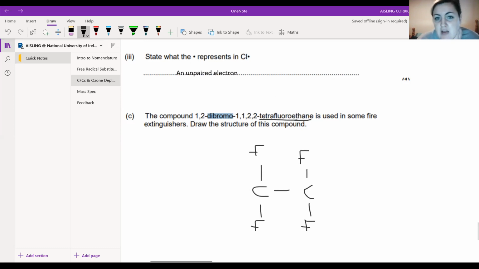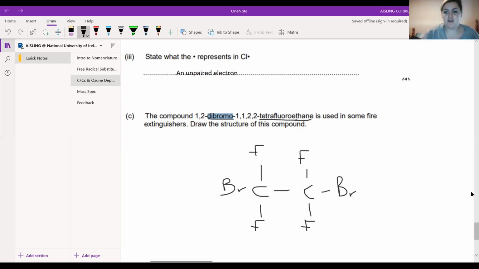Okay, it's also telling me there's dibromo, so there's going to be 2 bromines, dispersed amongst the 1st and 2nd carbon. So I'm going to throw a bromine here, and a bromine here. And that's it, a simplistic enough structure for a very complex name up here.